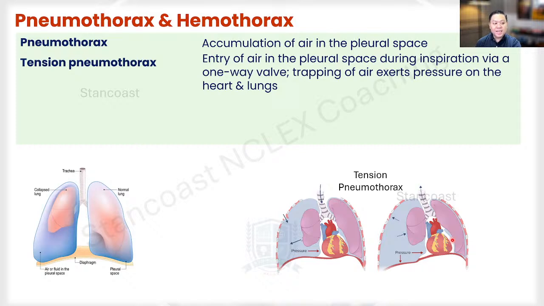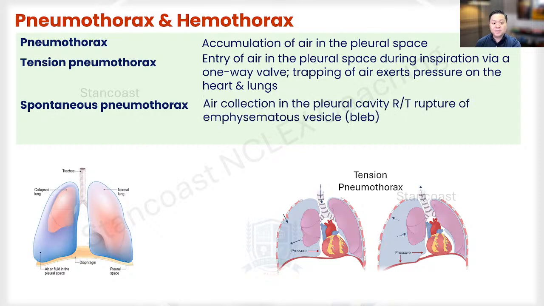All right. Now, talking about another thing here, we have spontaneous pneumothorax. What is this? This is something that can occur spontaneously without trauma. This is the key word here. Spontaneous pneumothorax can happen without trauma.